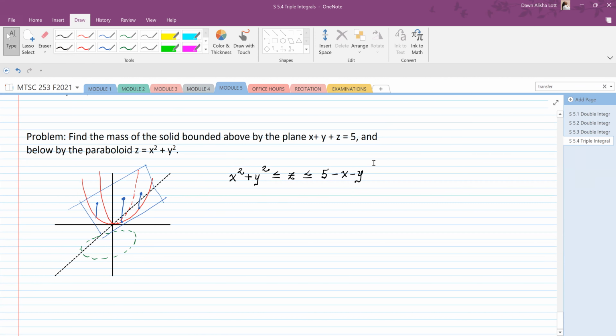So that's the bounds on z, but we need to find the region R. So we have to set z equal. So we get x squared plus y squared has to equal 5 minus x minus y. I should have made this easier. We're going to make this 2x.